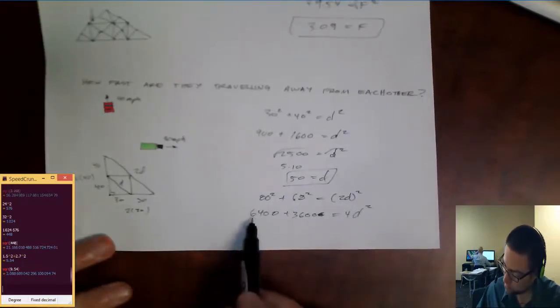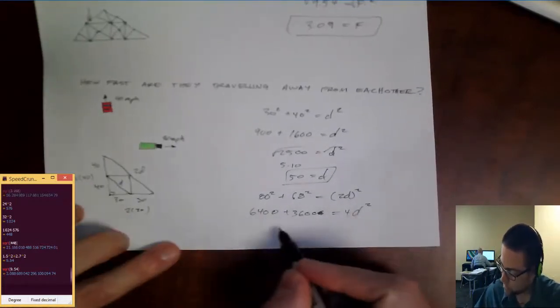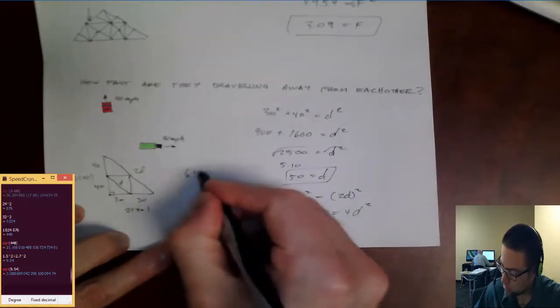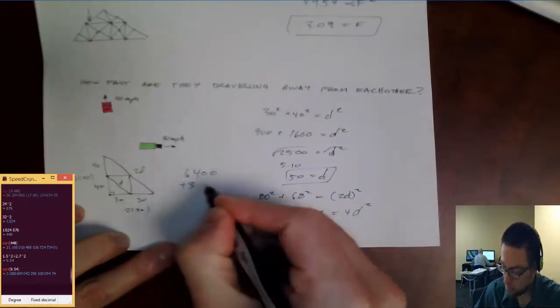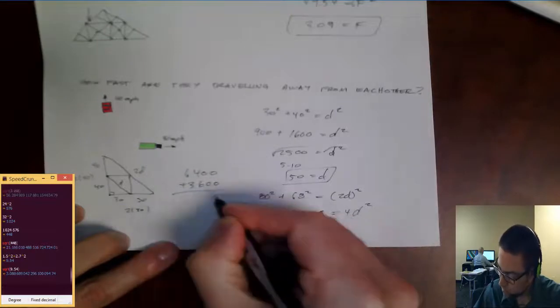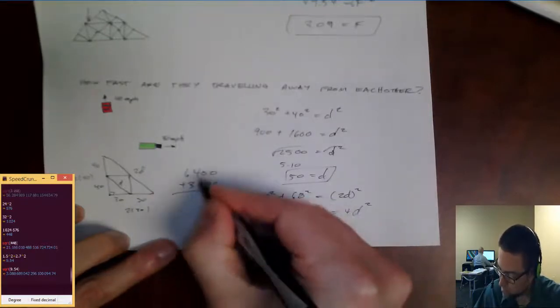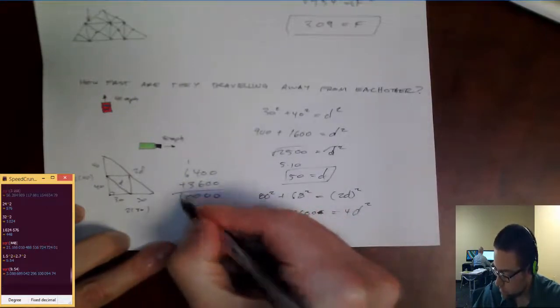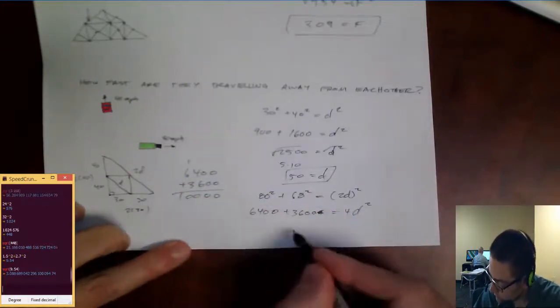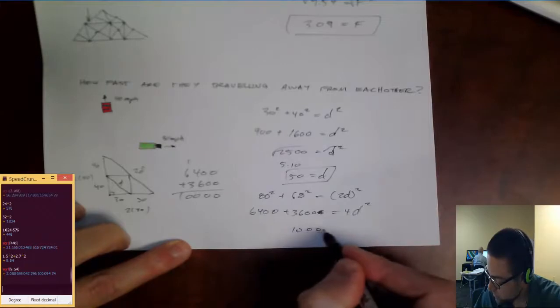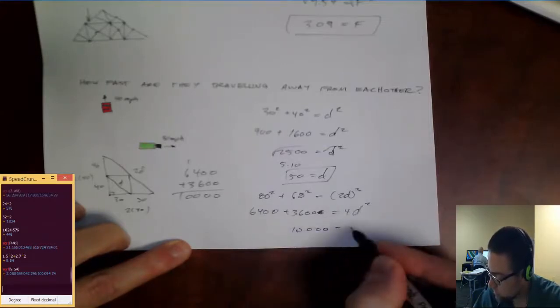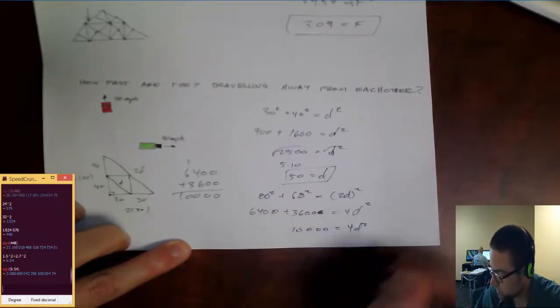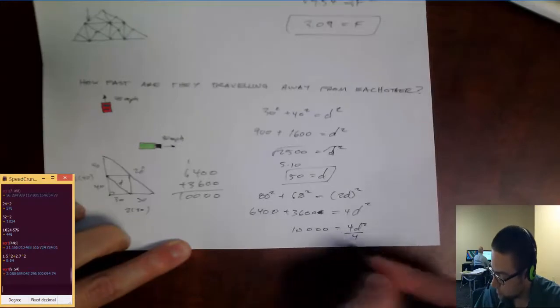Okay, so 6,400 plus 3,600. 0, 0, 6 plus 4 is 10, 6 plus 1 is 7, plus 3 is another 10, so I get 10,000 equals 4d squared, and then I divide both sides by 4.